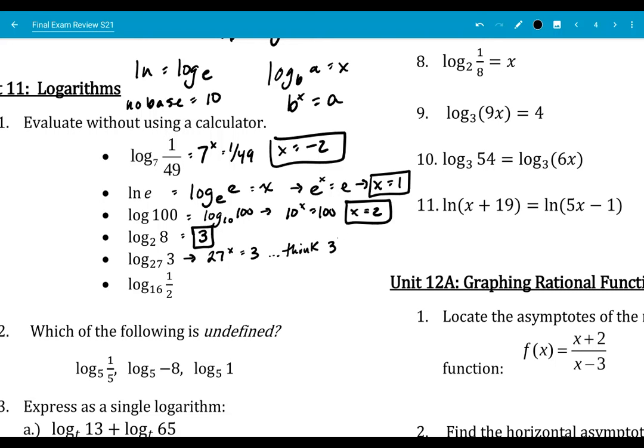So I want to think 3 to what is 27, which is 3. So 27 to the 1/3 is equal to 3. So x is equal to 1/3.